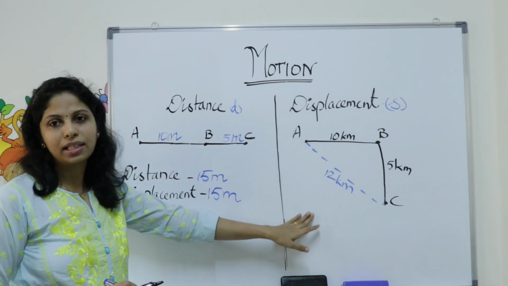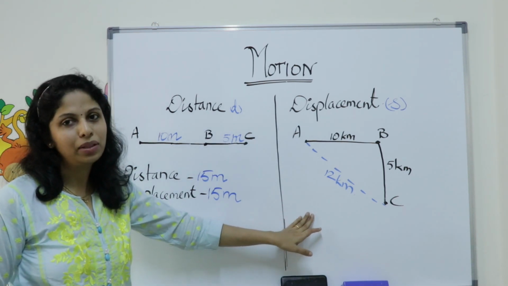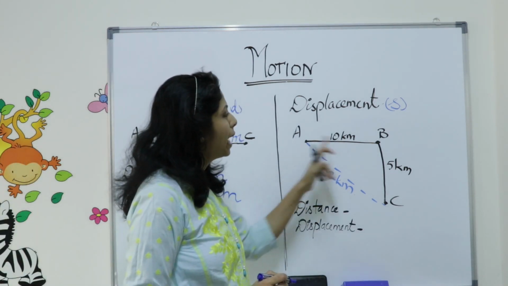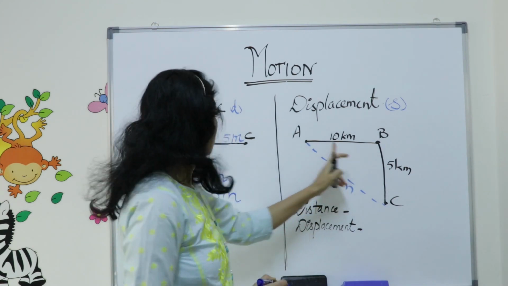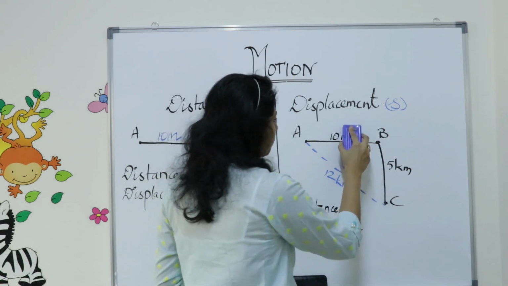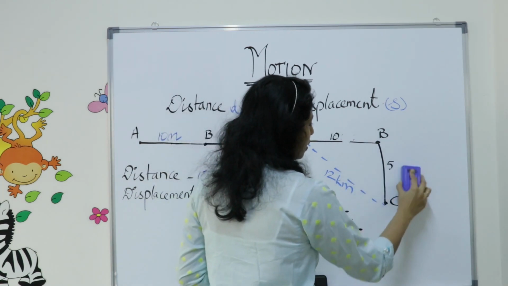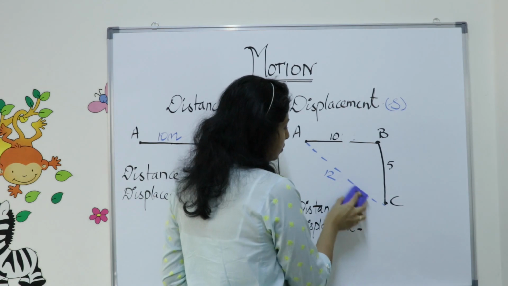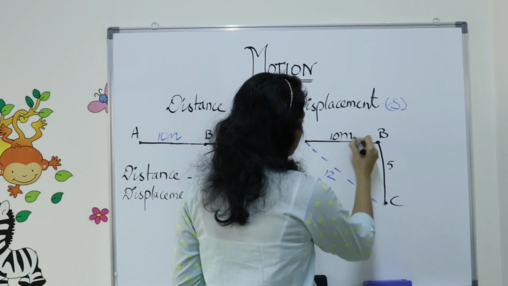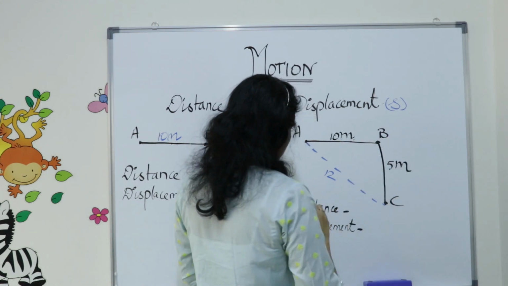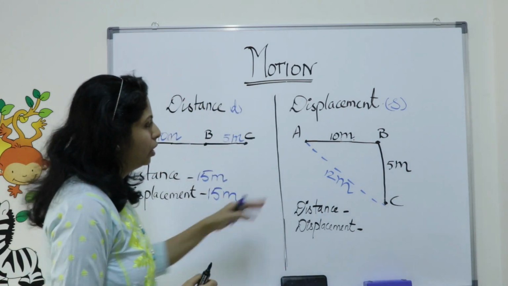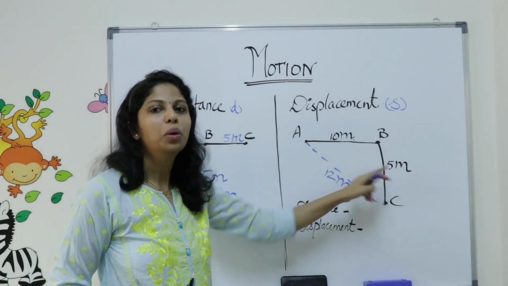Now, let us consider the distance and the displacement for this example. The distance traveled by an object from A to B is 10 kilometer. Sorry, here I have taken meters, so let us take meter there. Okay, I have changed the SI unit into meters.